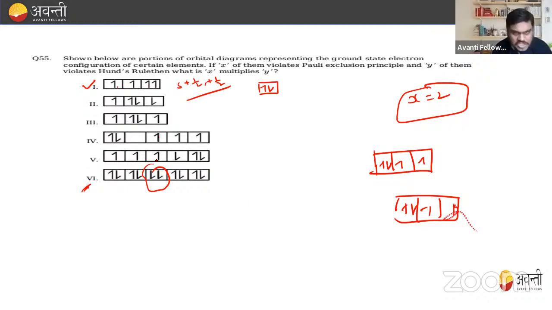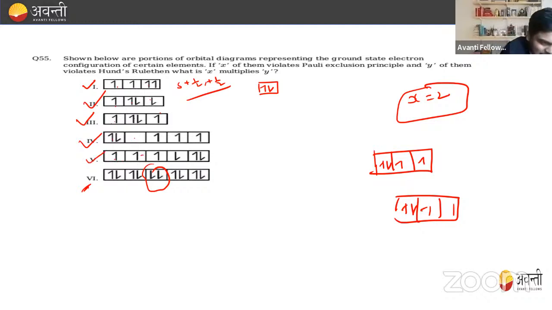So which of them violate Hund's rule, Y? Let's check: this one will violate. Next, 1 2 3 will also violate Hund's rule. This one, 1 2, will also violate, and this one, 1 2, will also violate, right?